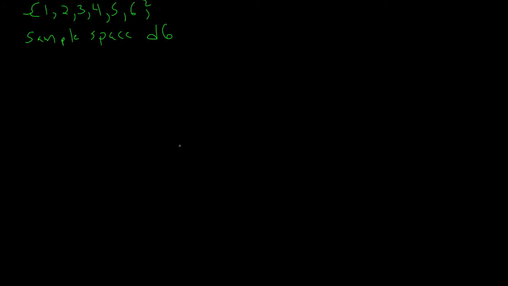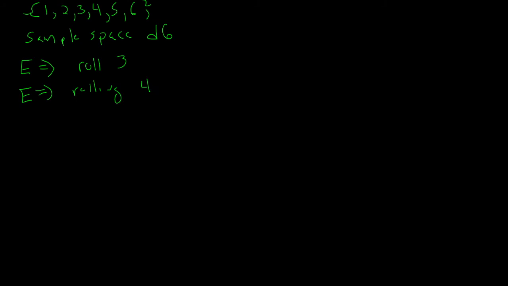And so I can talk about an event being I roll a 1. Now let's say I roll a 3. That's one outcome from that sample space. Another event I can have is rolling 4 or greater.